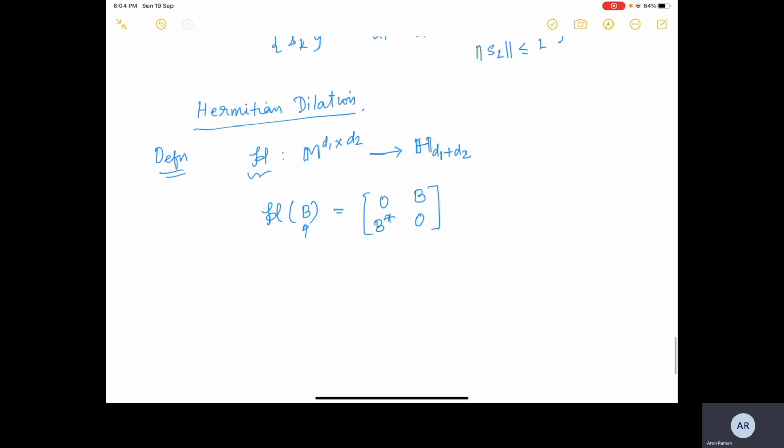Now, a key observation about this dilation map is that when we take the square, let us define script A as H of B, just because it will be easier to write. Then A squared will be BB* 0, 0 B*B.